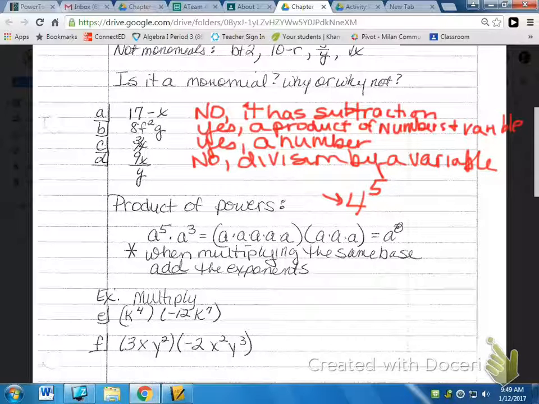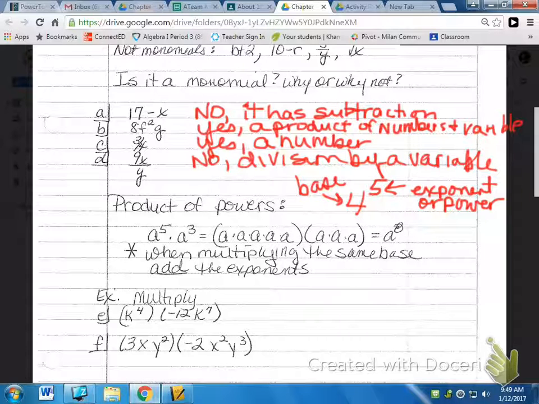This 4 is known as the base, the base unit. And then 5 is known as the exponent or power. That number tells you how many times you're going to take that base and multiply it by itself. So base is what's written there, the 4, and it's to the 5th power, or the exponent of 5.